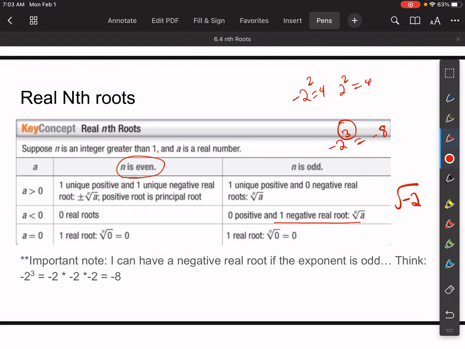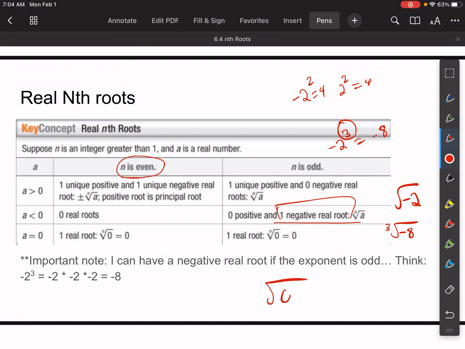So if I had negative 2 inside of there, that's an imaginary number, right? But if I took the third root of negative 8, I get one negative real root, and that negative real root is negative 2. Okay, so I'm just undoing powers, essentially.